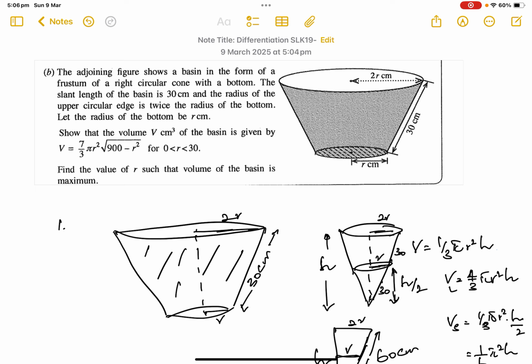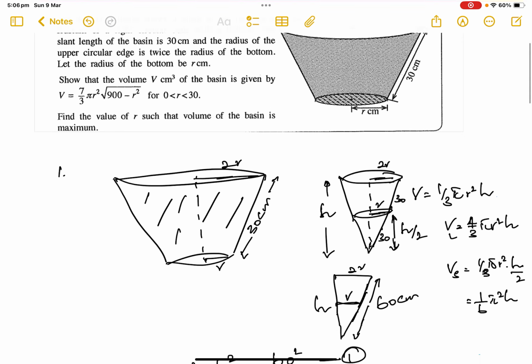Let the radius of the bottom be r centimeters. Show that the volume V cubic centimeters of the basin is given by V equals 7/3 pi r squared times the square root of 900 minus r squared, where r is greater than 0 and less than 30. Find the value of r such that the volume of the basin is maximum.